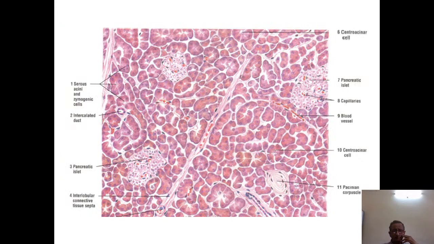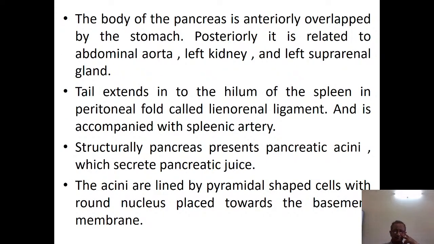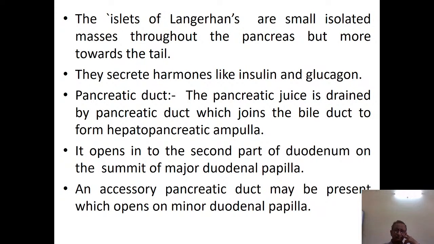These islets are surrounded by a thin fibrous layer, and inside there are different types of cells scattered, not arranged like acini.